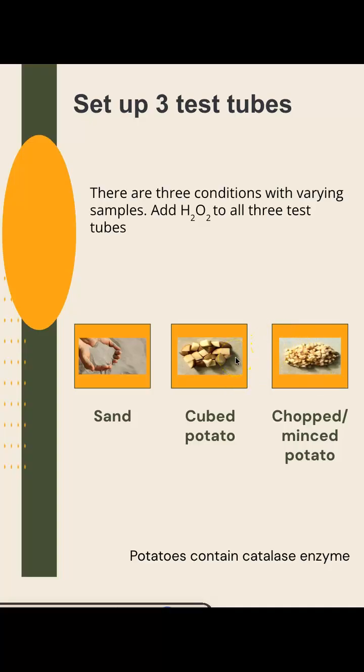Since catalase is found in potatoes, we want to compare cubed potato to chopped potato. Using the same size starting product, we would either cube it up into larger cubes or finely mince it into smaller pieces. The difference between these two is surface area.